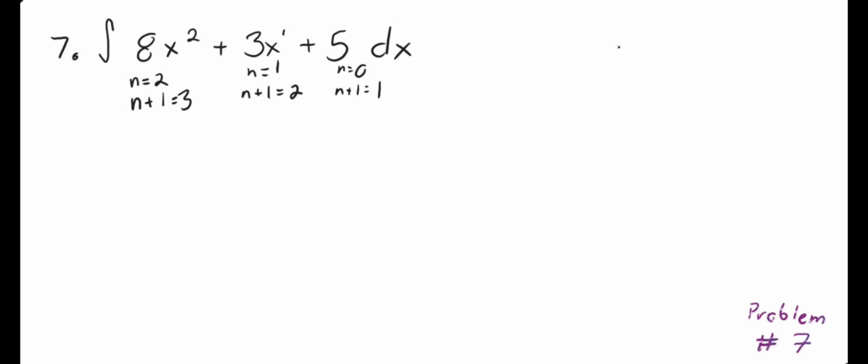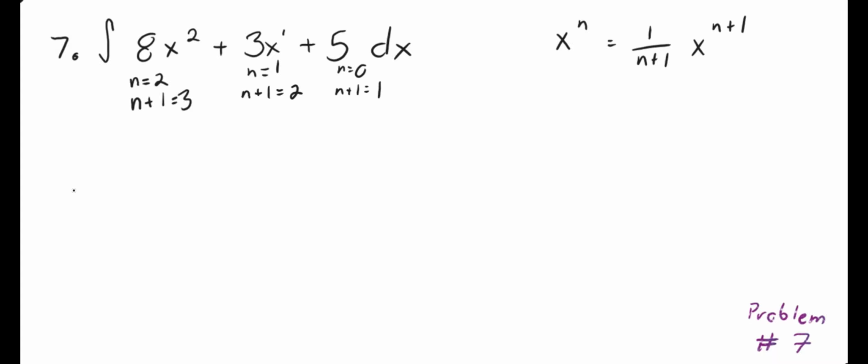So let's get to it. Remember that our formula is the integral of x to the power of n equals 1 over n plus 1 times x to the power of n plus 1.